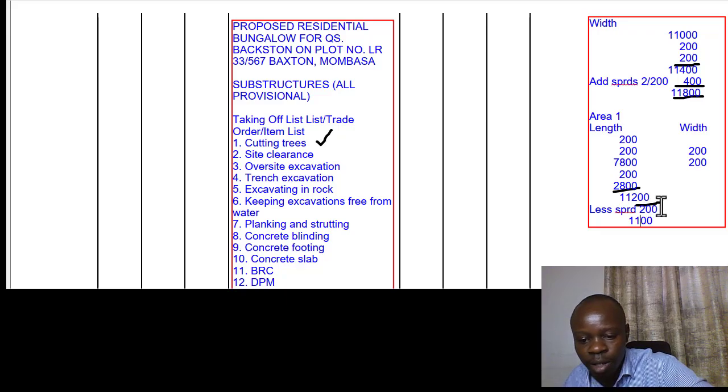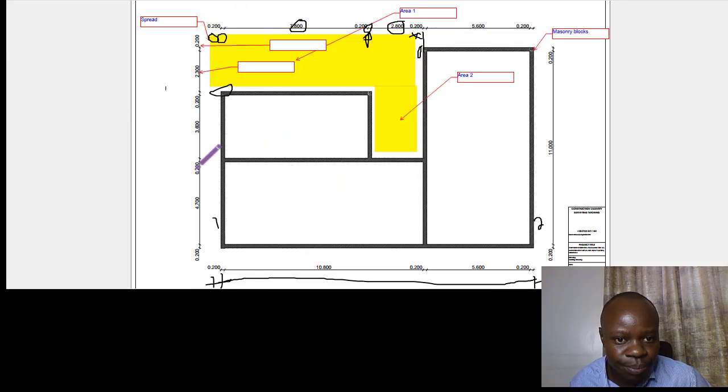And also a quick look into the other part for the width. It gives us 2,300 plus 200 for the wall plus 200 for the spread. Spread is here, then wall is here at number 2, then we have this dimension at number 3, and then we need to subtract this part here for the spread of the previous main area. So what we do is we add those ones that are in that part.